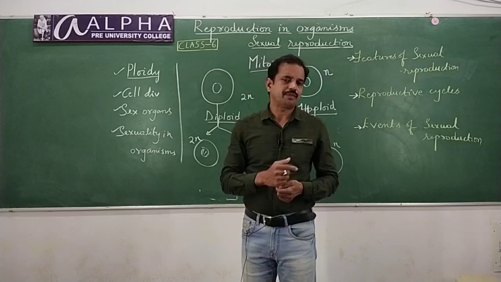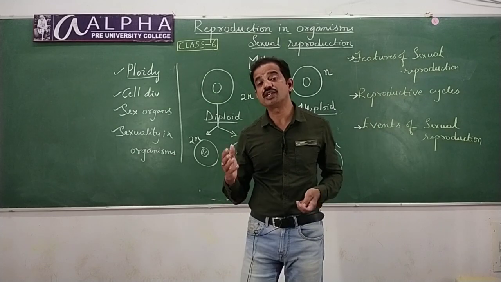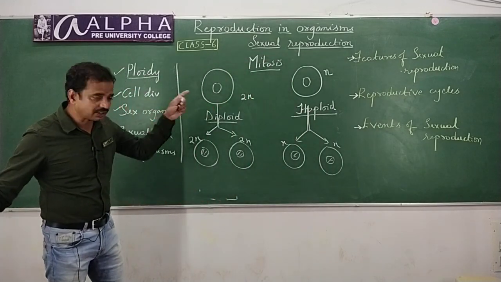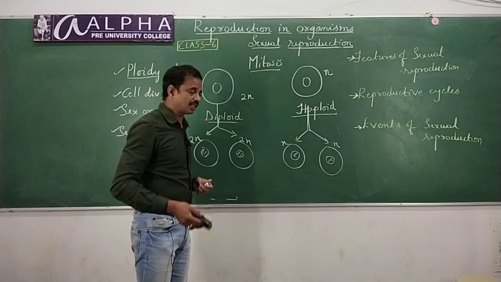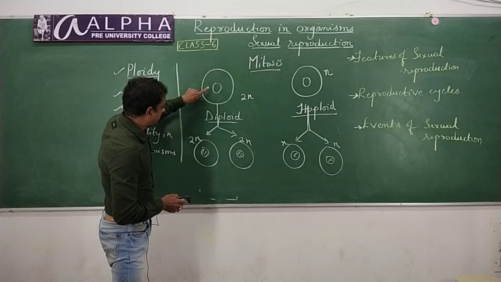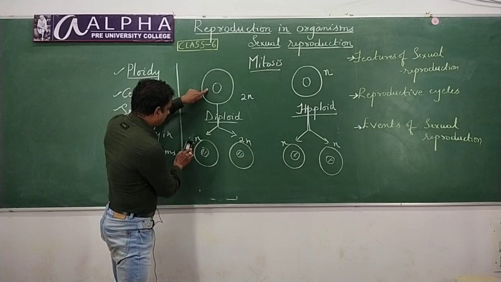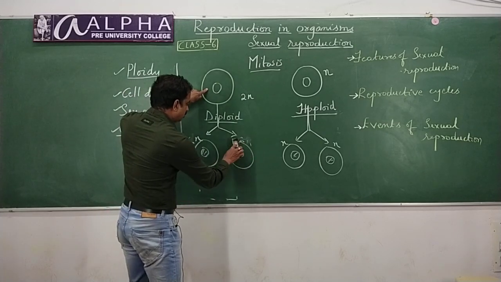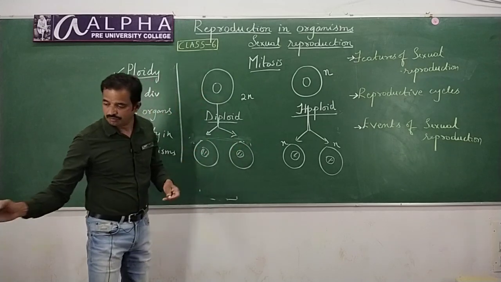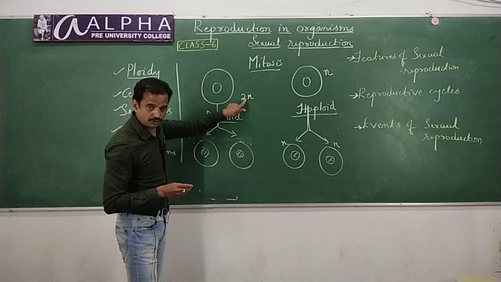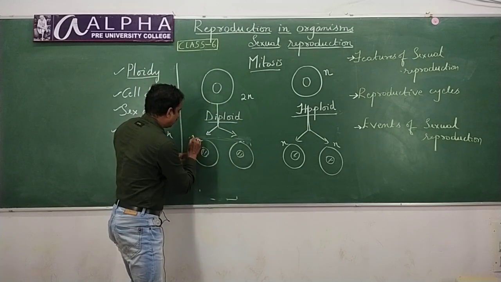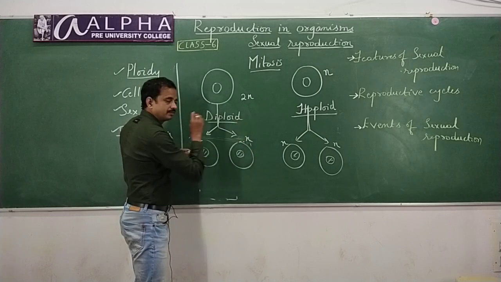There is another type of division which takes place during sexual reproduction. Okay? I will explain that later on. Here, what kind of division will take place during sexual reproduction in cells? You see here, this is the diploid cell. This diploid cell will divide to give rise to 2 daughter cells, where here 2 sets of chromosomes are there, whereas in case of daughter cells, only 1 set of chromosome will be there.